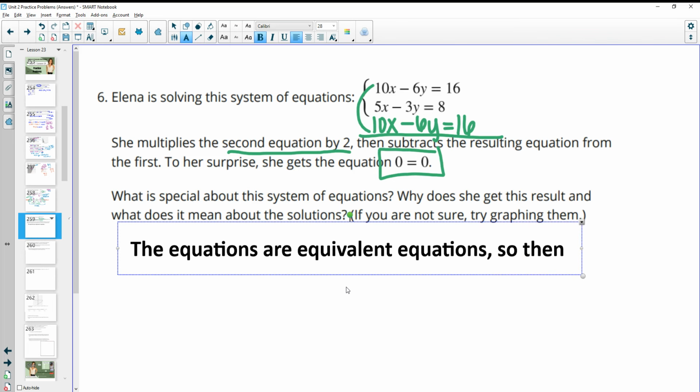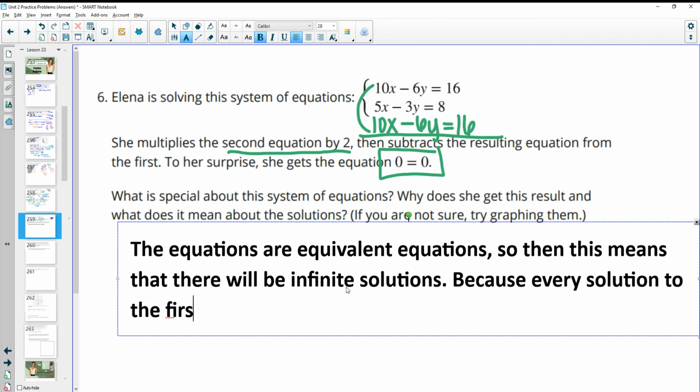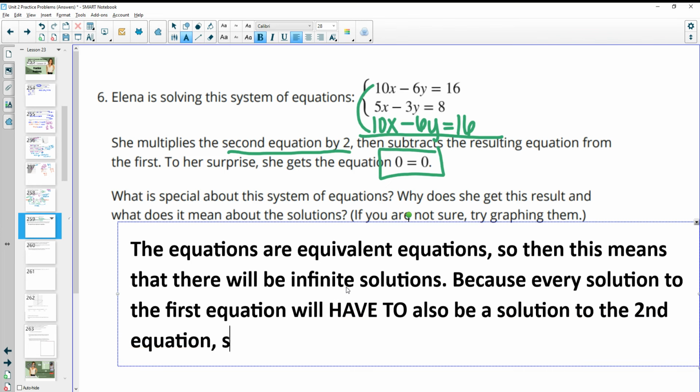So then this means that there will be infinite solutions. And this is because every solution to the first equation will have to also be a solution to the second equation since they are equivalent.